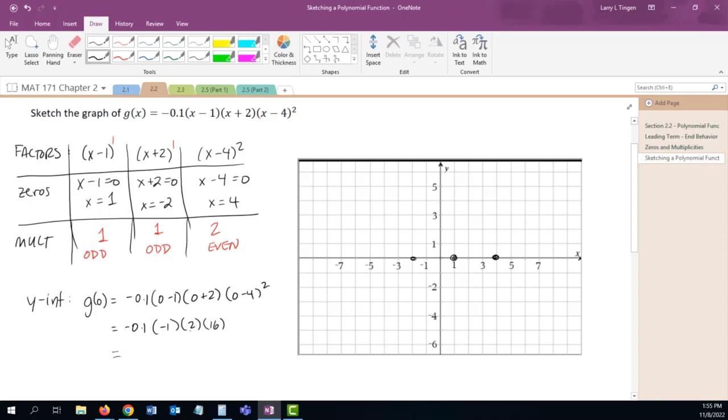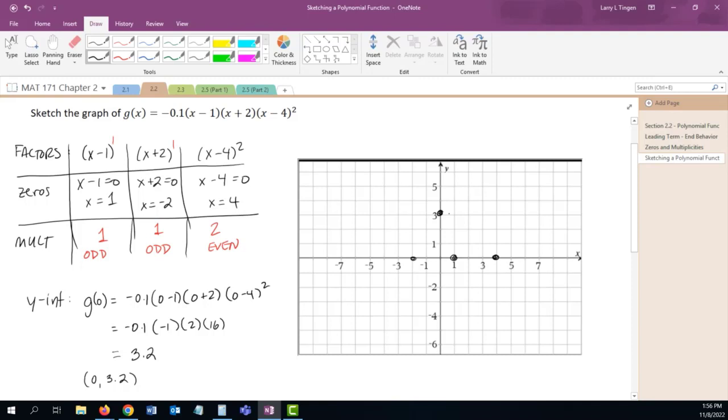Positive 1/10 times 2, positive 2/10, positive 2/10 times 16 is what? Negative times a negative is positive. So I'm looking at a y-intercept of 3.2. So 0, 3.2. So I should be here.